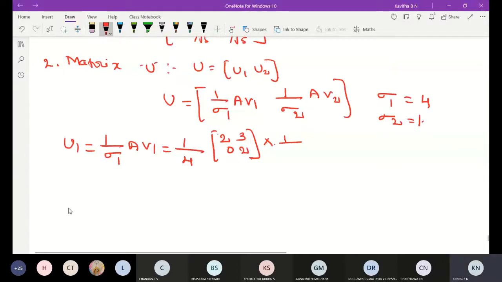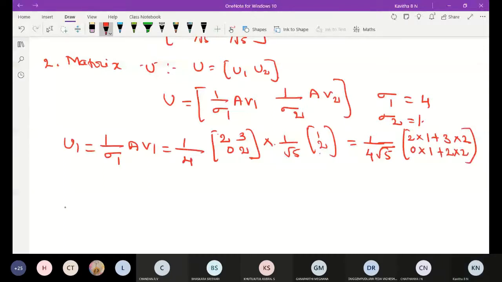Then next 1 by 4 root 5, multiply here: 2 into 1 plus 3 into 2, and 0 into 1 plus 2 into 2. Then 1 by 4 root 5 is equal to 2 plus... 3 twos are 6, so 6 plus 2, 8. Here 8; 0 into 1 is 0, 2 into 2 is 4.